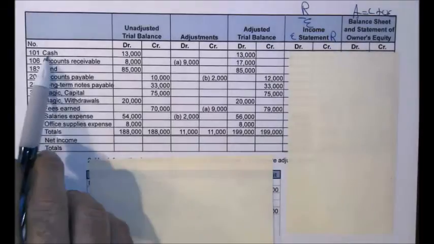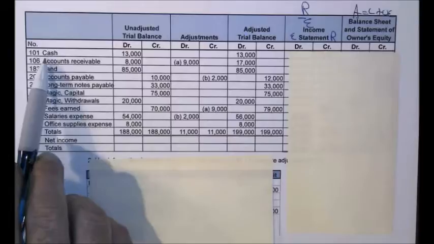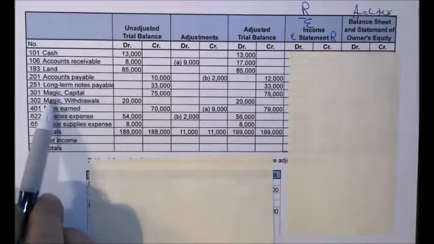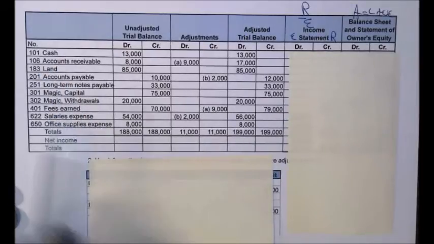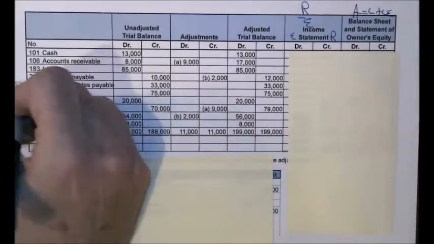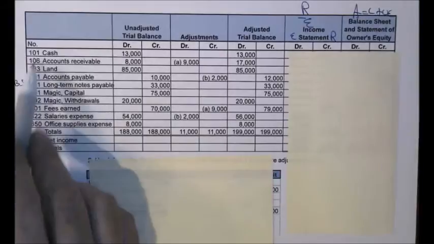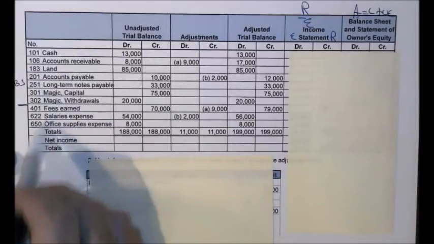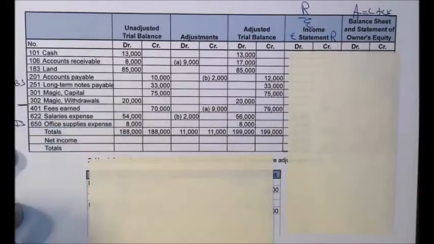Remember, this is in account number order, right? Which was assets, liabilities, owner's equity, revenue, and expense. So we know that everything above that line is going to go on our balance sheet because that's assets, liabilities, owner's equity. The things down here are going to go on our income statement, right?